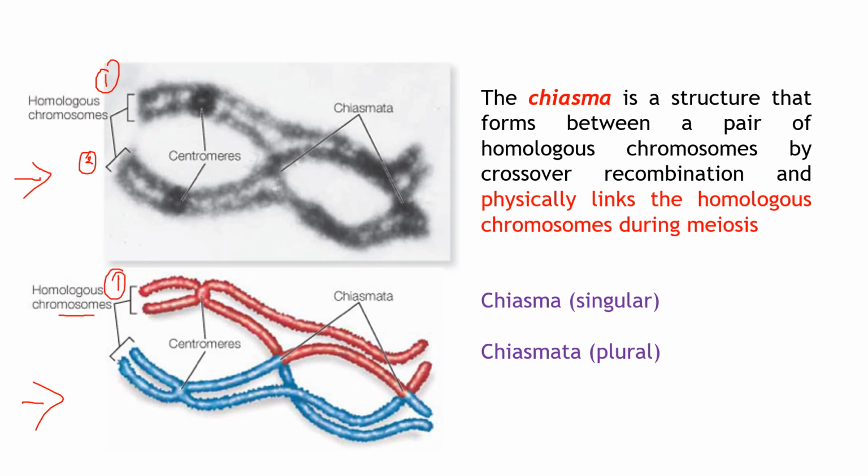You remember the centromeres, those sections of heterochromatin that are just repetitions of DNA that help you pull the chromosomes. They are not containing genes, they contain repetitions of DNA. So here you can see the centromeres.